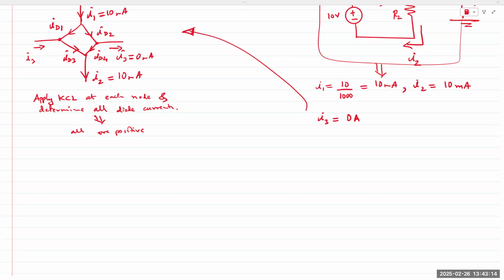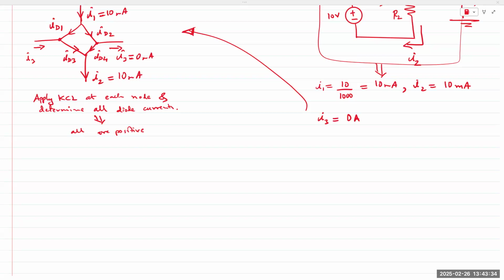Any questions? Yes. So then we'd have to check for voltage.